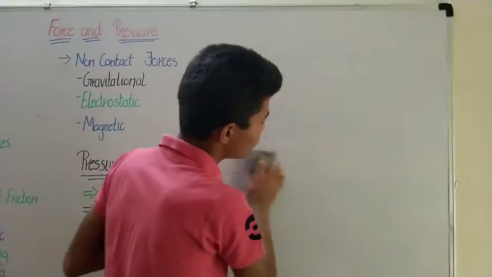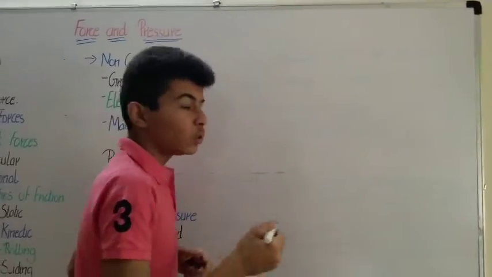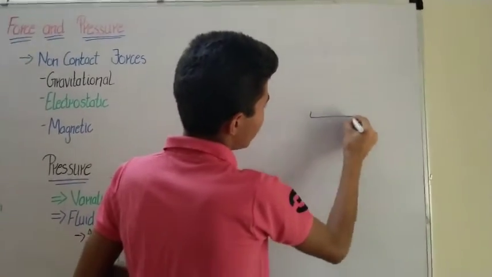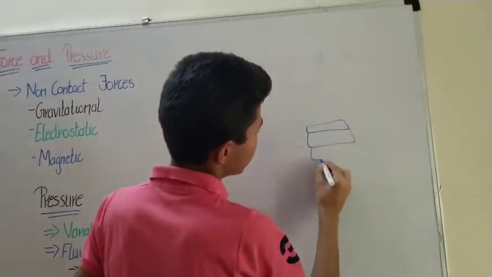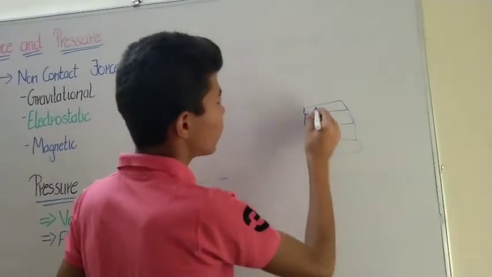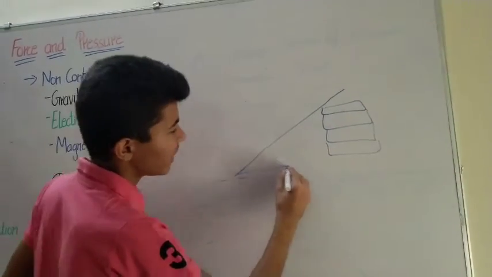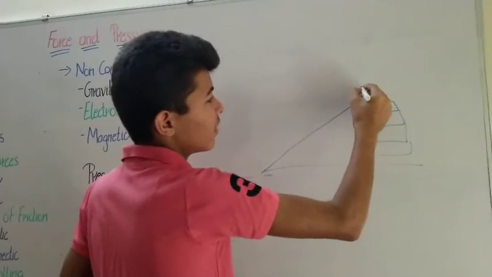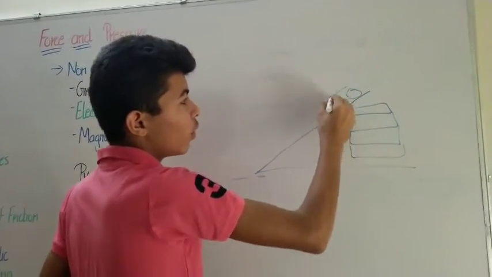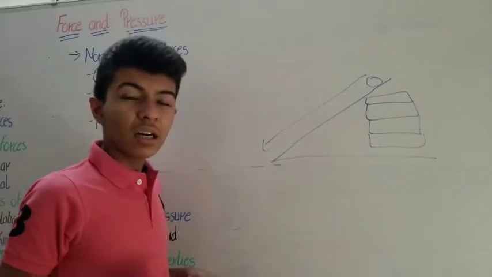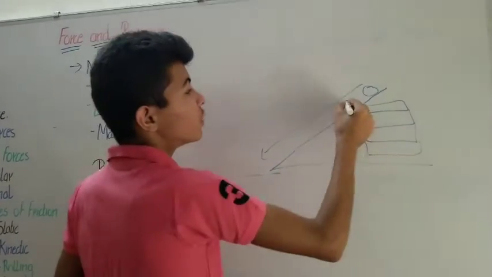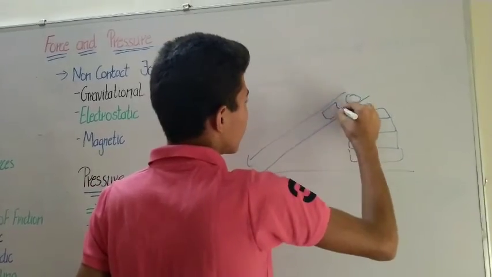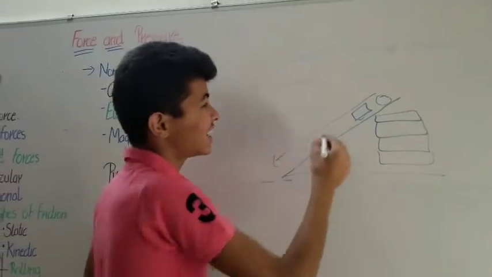So what you can do is take a stack of books. Here I have a stack of books, and you place an inclined surface in that direction. Now you take a pen or cylinder and roll it. And another thing you can do is take a block, or a copy, you can take a book also, and slide it.